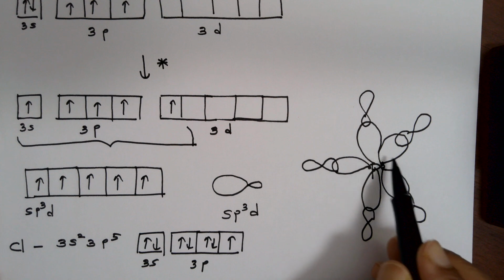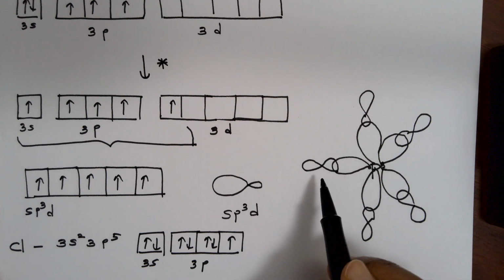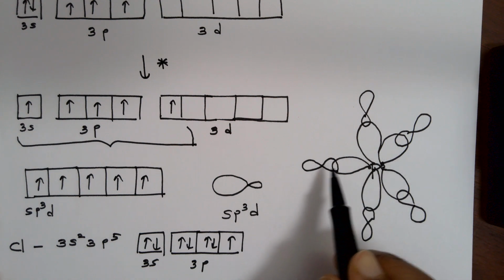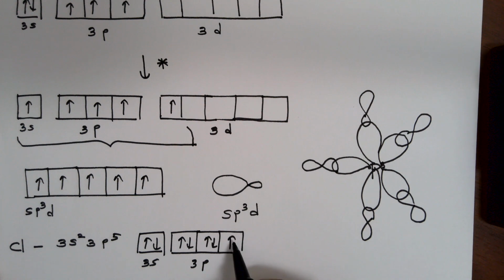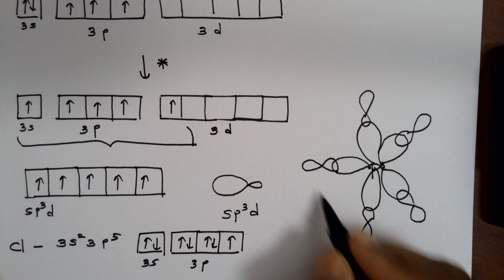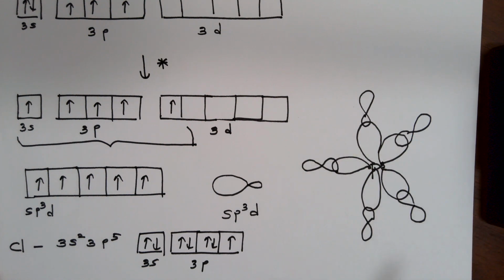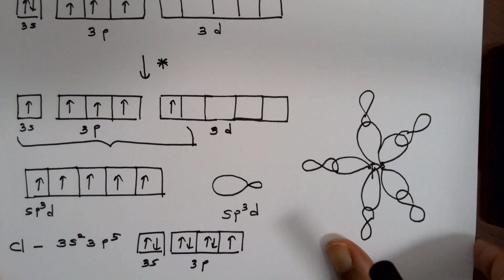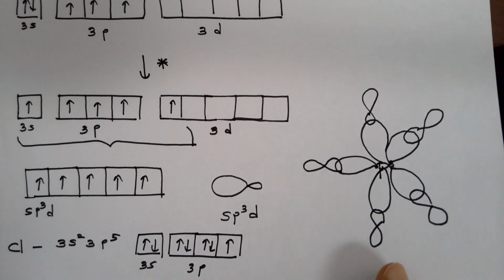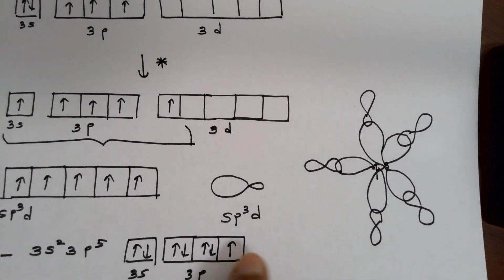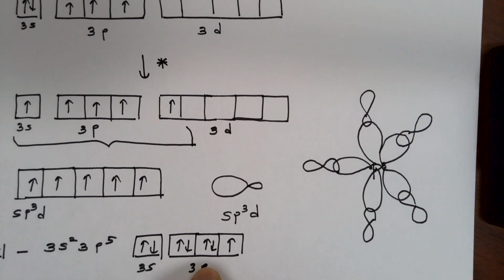The sp3d hybridized orbitals on phosphorus overlap with the singly occupied 3p atomic orbital on each chlorine. So there are 5 terminal chlorines attached to the phosphorus atom this way. That is sp3d hybridization. The same way we can explain sp3d2 hybridization in octahedral geometry.